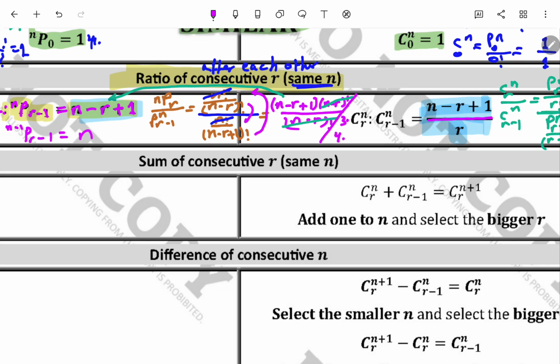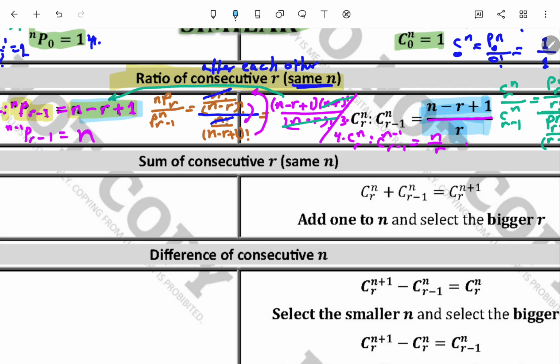Now if we're going to have another ratio with consecutive n and consecutive r, we will get nCr divided by (n-1)C(r-1). And that will give you, similar to here, n divided by r as usual.